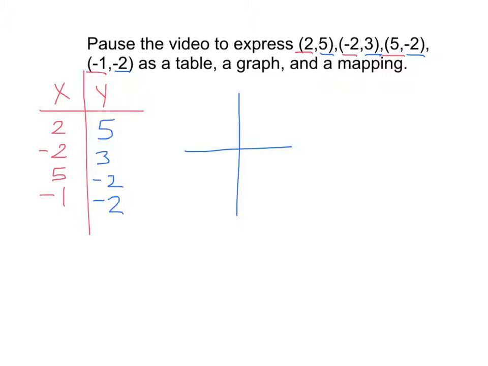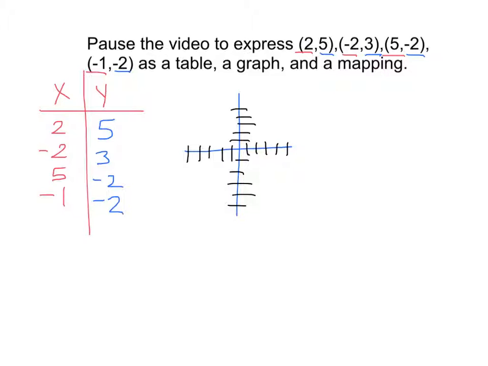So now if we want to draw our graph, we have our x and our y axis. I'm going to make some counting points here: 1, 2, 3, 4, 5. Now if we're trying to place these points, the first ordered pair is 2, 5.